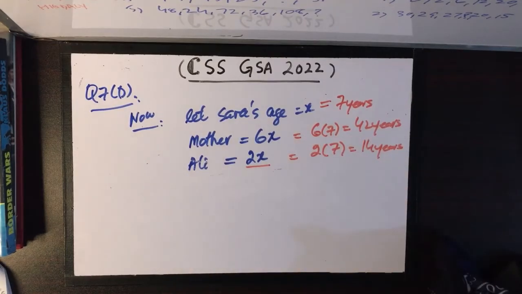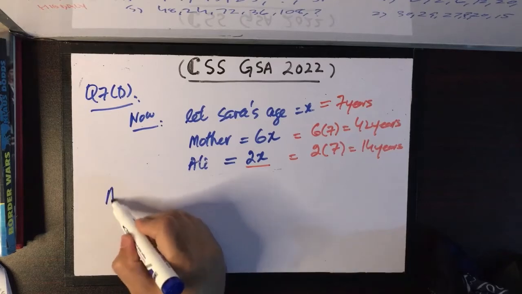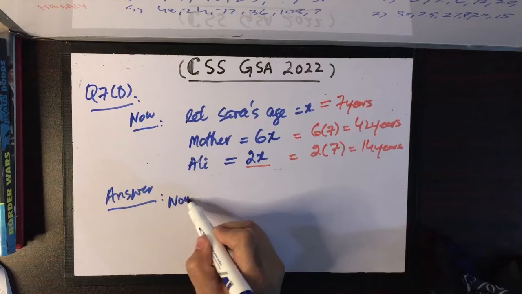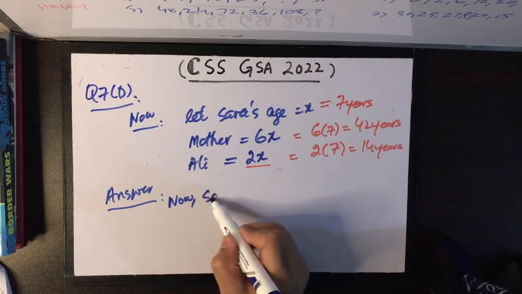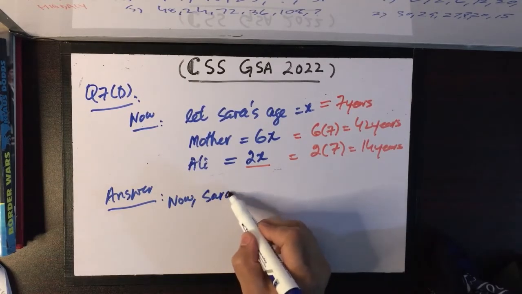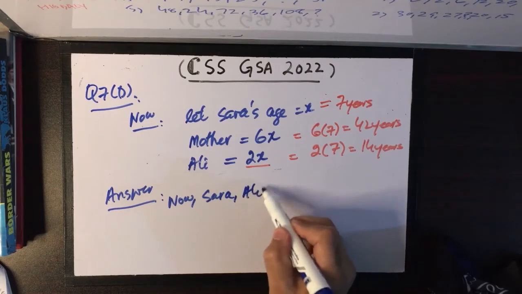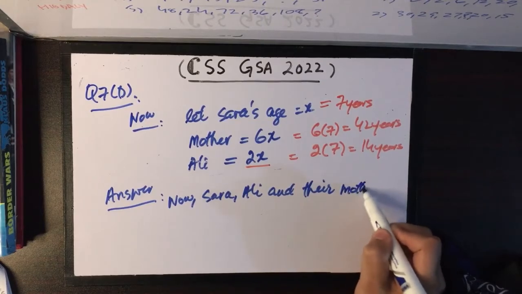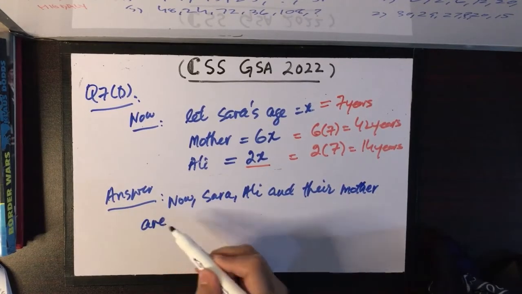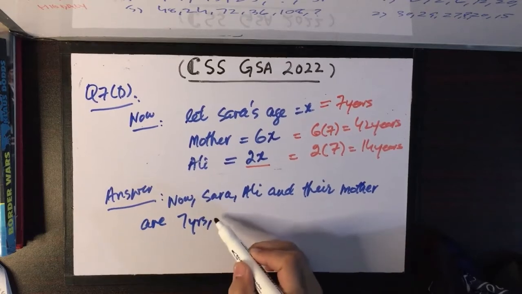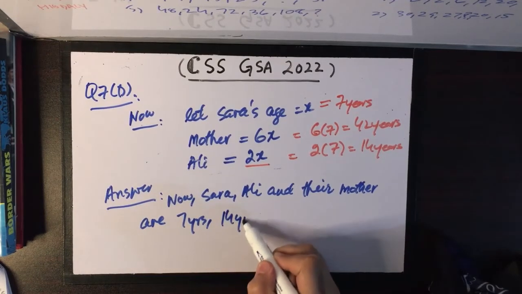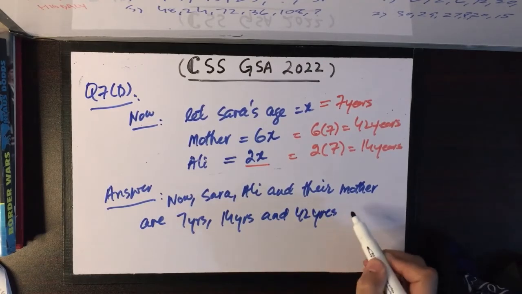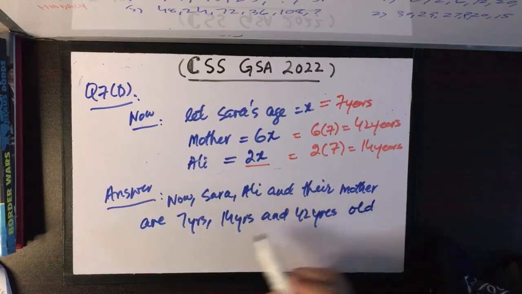Now how would we write our answer? Sarah, Ali and their mother are 7 years, 14 years and 42 years old respectively.